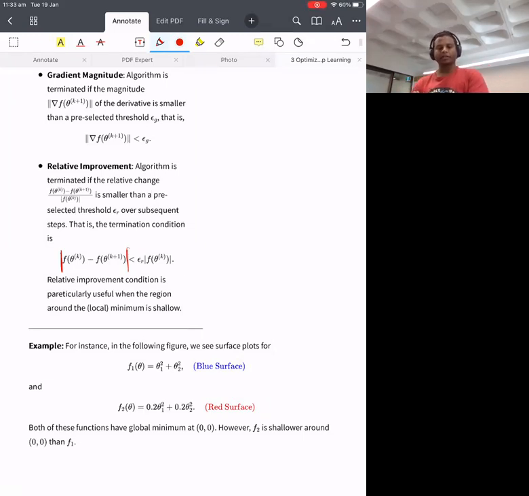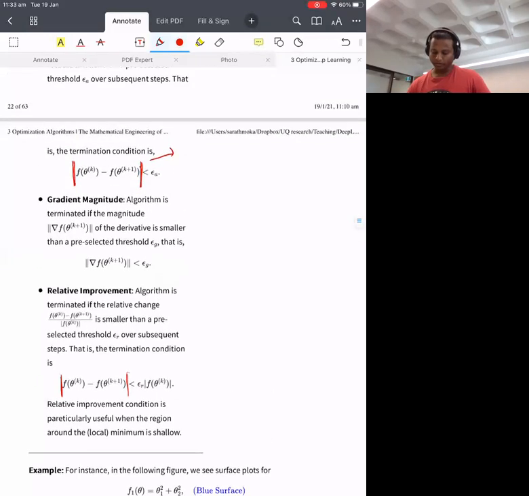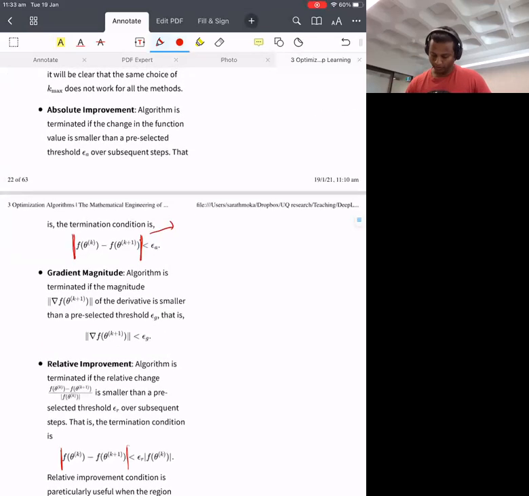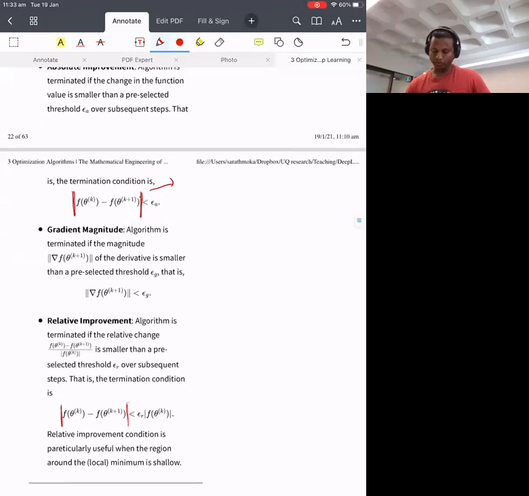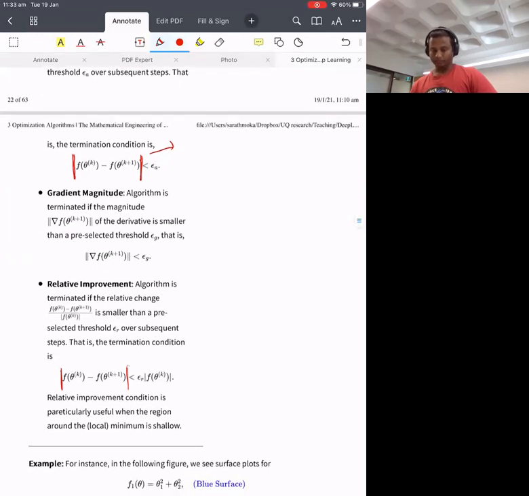For termination conditions, you want the validation loss to be smaller. So remember that here, when I was presenting, I was using the same f for termination conditions as well as the gradient descent. But in practicality, you might have a different function such as validation loss for terminating the algorithm. Okay, is that clear?